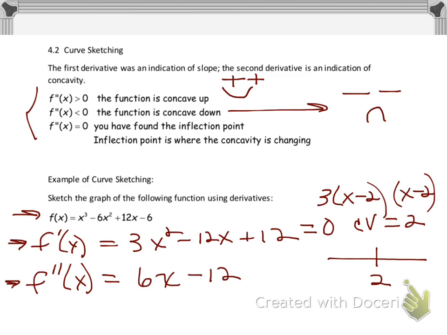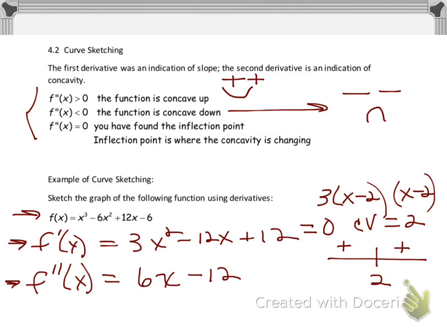I put my 2, I check to the left, so I plug like 1 into f prime of x, and I get a positive. I check to the right, and I plug in, say, 3 into f prime of x, and I get another positive. Now I have no sign change. So what does that mean? That means I don't have a max or a min. Instead, I have a shelf. A shelf means that my concavity is changing, but I neither have a max nor a min.